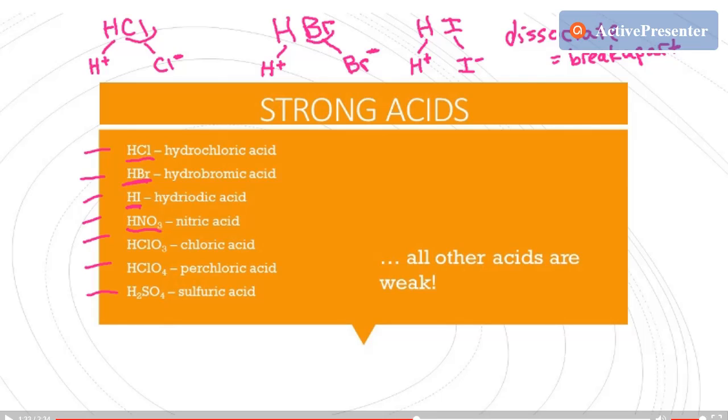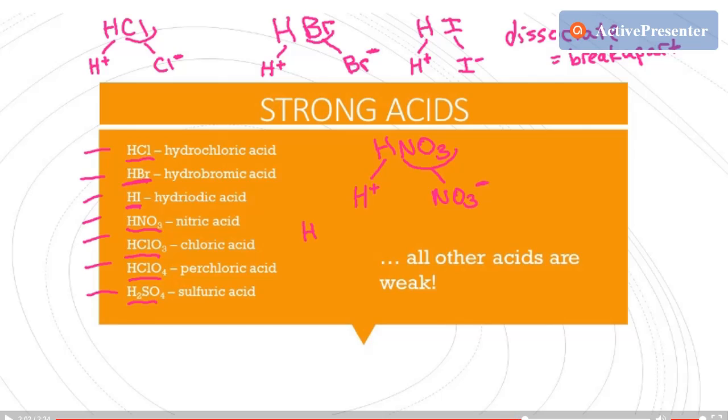The HNO3: the H is going to break apart into the H positive, and the NO3 is going to stay together as its own ion with a negative charge. So all of these will break apart into their own ions.